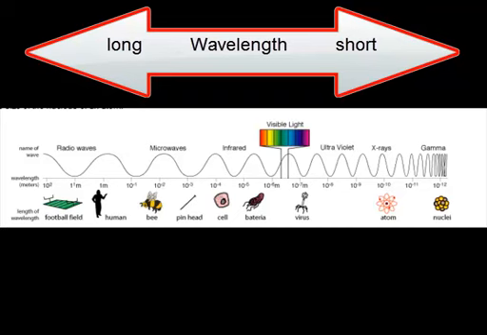Moving on to UV or ultraviolet waves, which can burn your skin, with wavelengths between 400 nanometers to 10 billionths of a meter. And then we move on to X-rays, which are the size of atoms, and then on to gamma rays, which are our smallest wavelengths, which are the size of nuclei, so really small stuff.